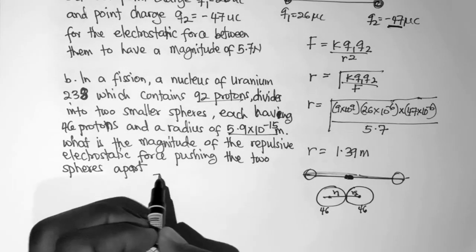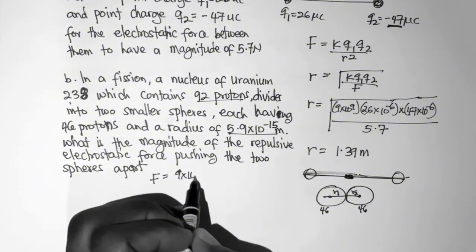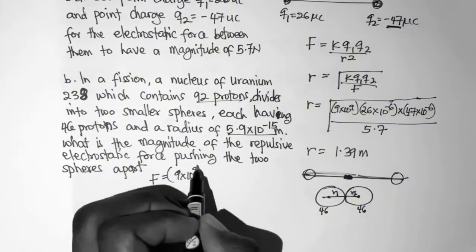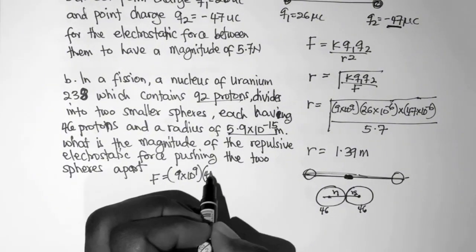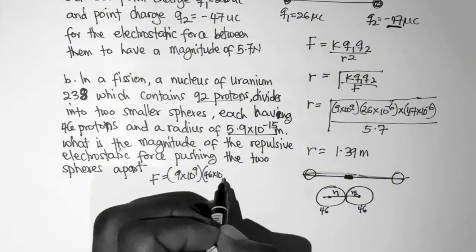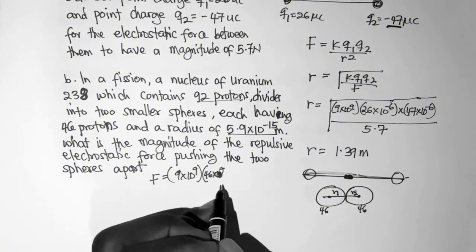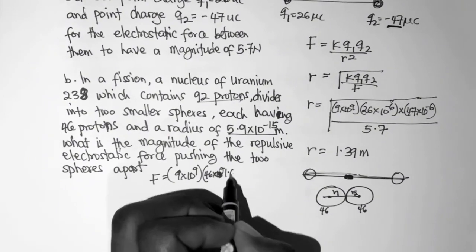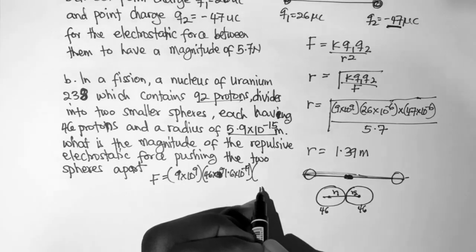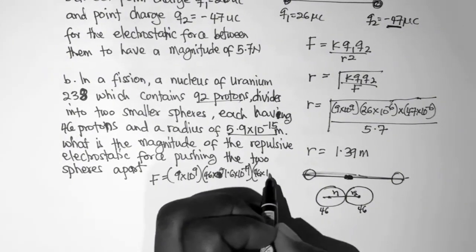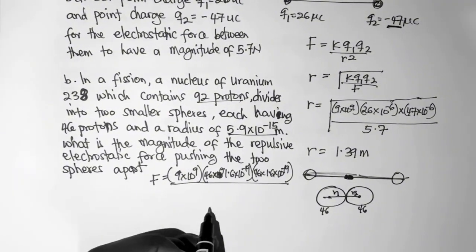So using Coulomb's law, F is equal to the constant 9 times 10 exponent 9, times the first charge, but there are 46 protons, so it's going to be 46 times the charge of the proton. The charge of the proton is 1.6 times 10 exponent minus 19. Then times this one, which is the same thing, 46 times 1.6 times 10 exponent minus 19, divided by the square of the distance between them.